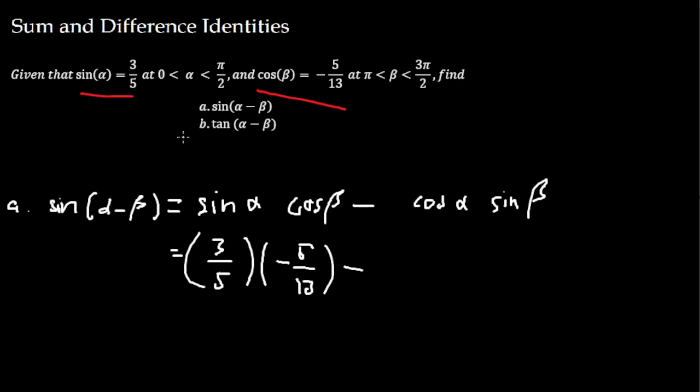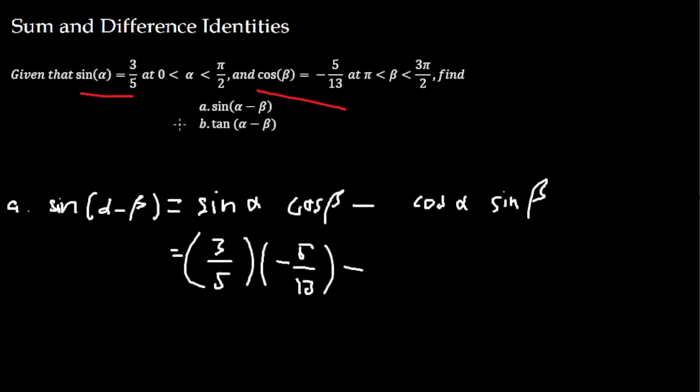However, we don't have the cosine of alpha and the sine of beta. Now, how can we find the cosine of alpha and the sine of beta? Using the given.